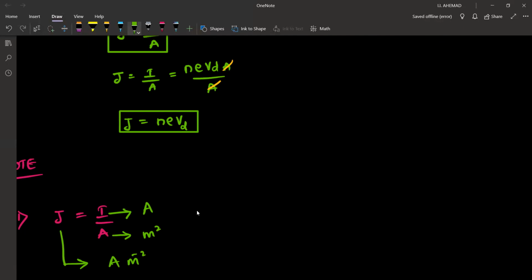For example, we will study about transistors. Nowadays, transistors have become very, very small, almost the size of 9 atoms. There, we are not going to have large current. We are going to have small current. That current depends on very few quantities like this. Got it? So that's why we need the idea of current density.